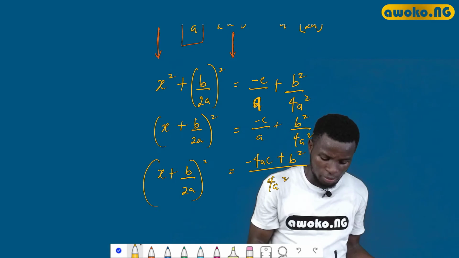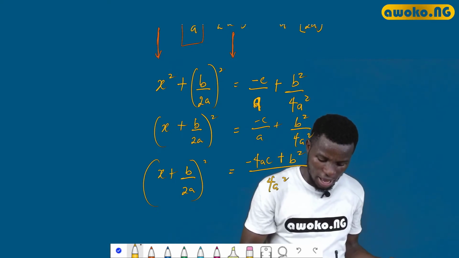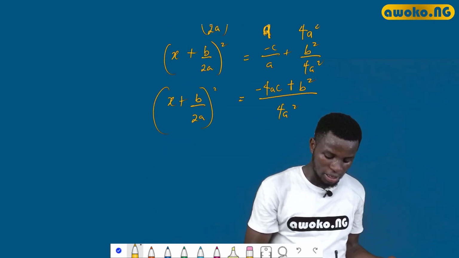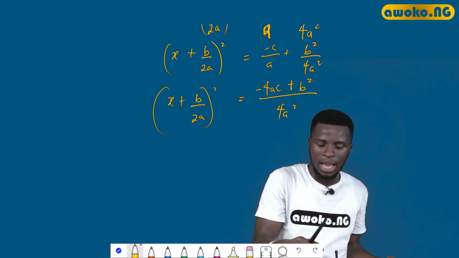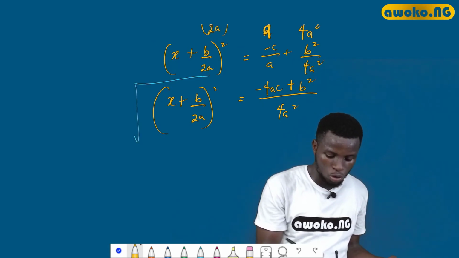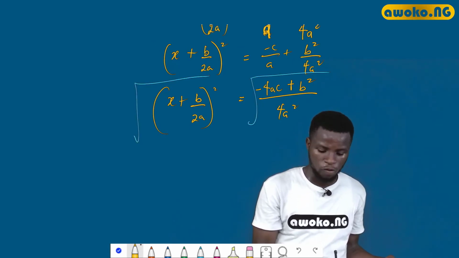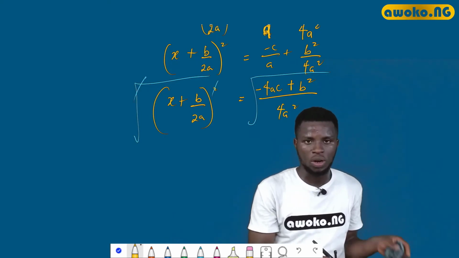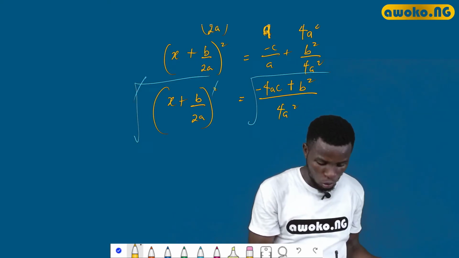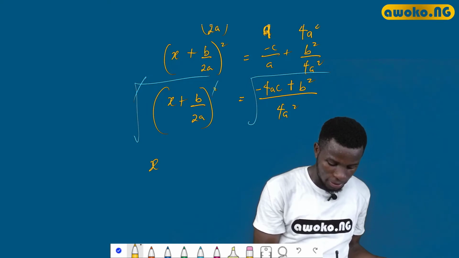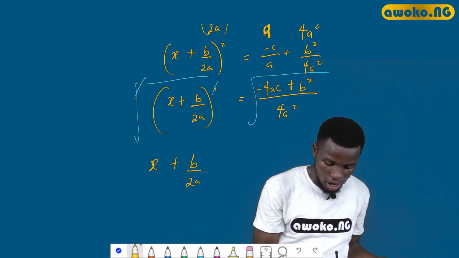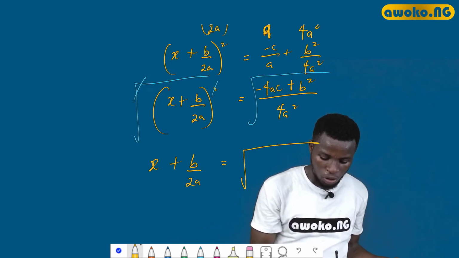So what do we mean? We have to add square root to both sides. If I do that, I have square root here and square root here, and of course these two cancel the square root. I am left with x plus b over 2a equals the square root of minus 4ac plus b squared over 4a squared.